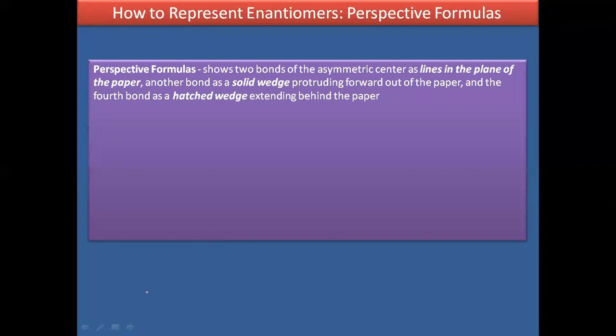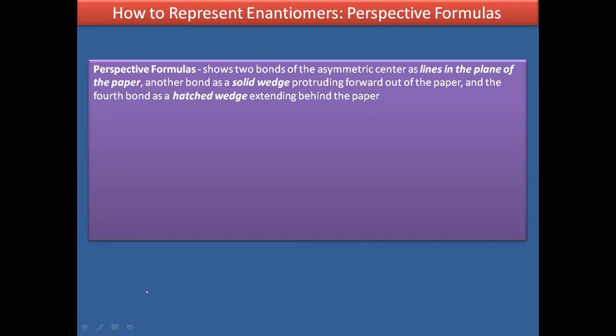It shows two bonds of the asymmetric center as lines in the plane of the paper. Another bond is a solid wedge, projecting forward out of the plane. And the fourth bond is a hatched wedge bond.